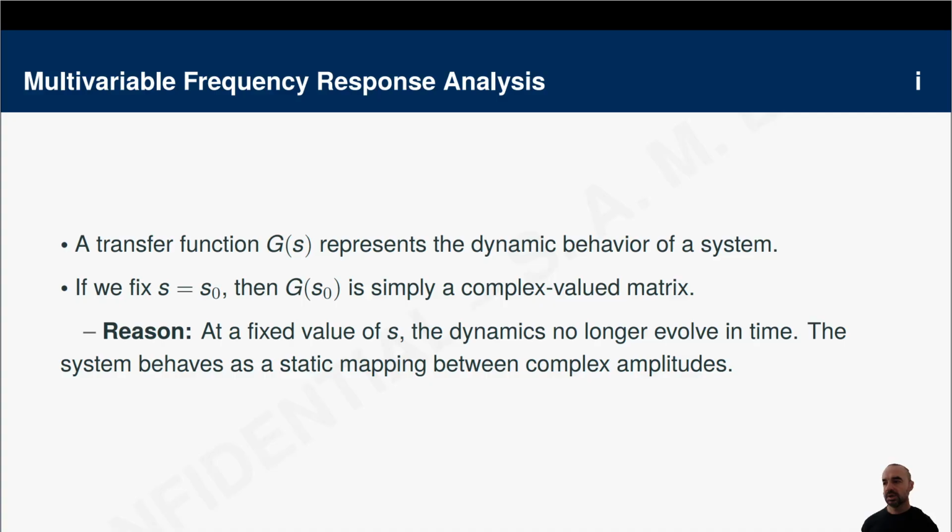All right, so let's talk about transfer functions. We have already talked about transfer functions and the transfer matrix. Our transfer function represents the dynamic behavior of the system. Up to now you have seen transfer functions mainly as algebraic objects, and there's a difference between algebraic objects and matrices.